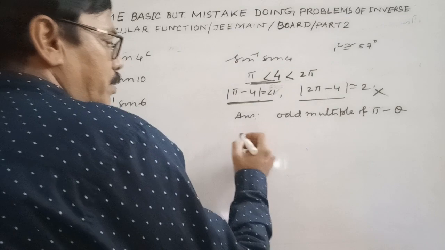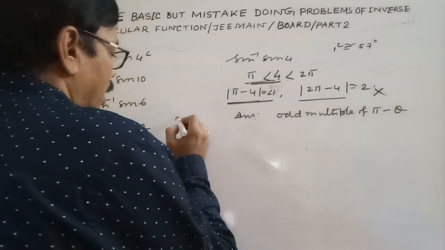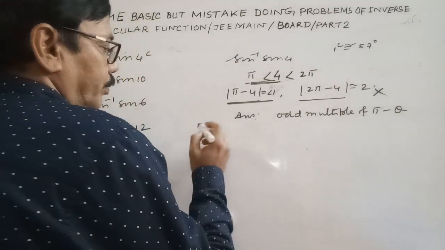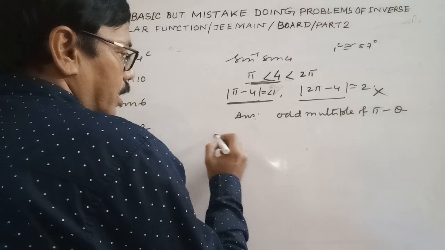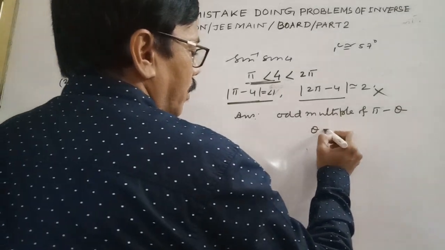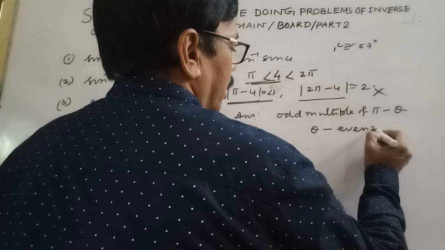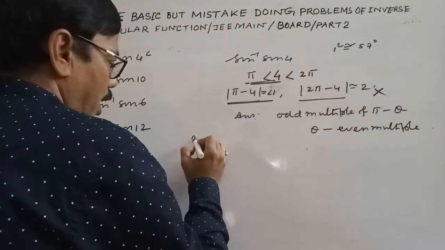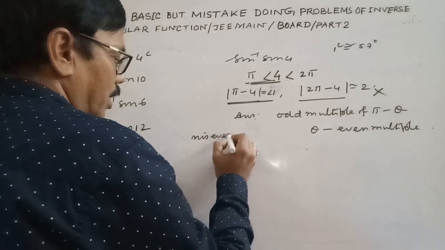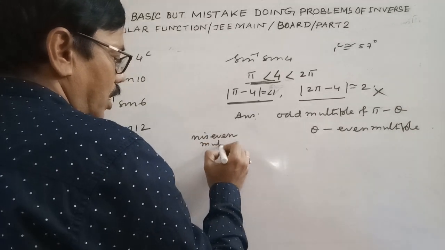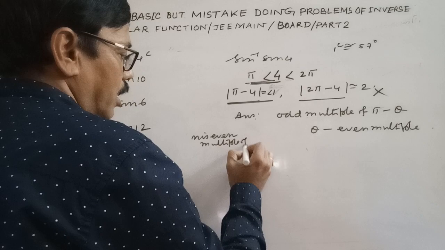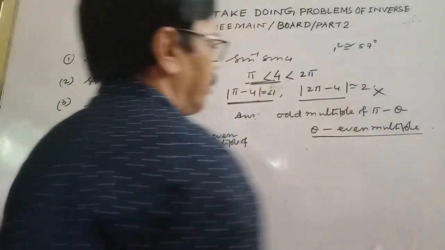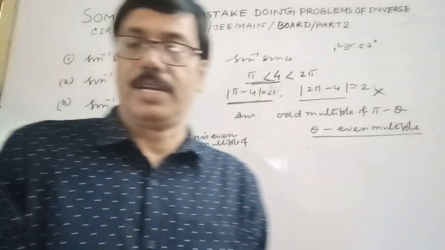And in case of even, it is theta minus even multiple. If n is an even multiple of pi, then theta minus even multiple.